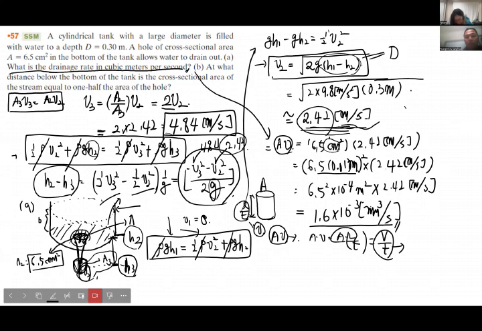And you plug 9.8 meter per second squared in the denominator. Can you tell me how far that water falls to reach twice the velocity at the bottom of the drain hole?